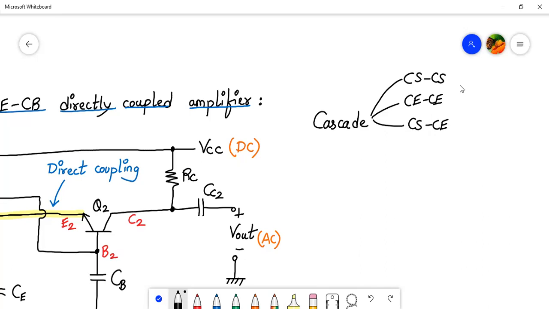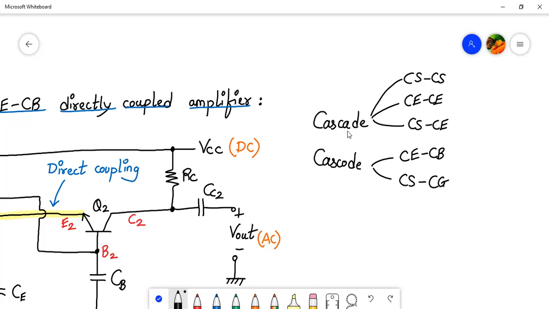The common emitter was BJT, CS was either JFET or MOSFET, and CE contained BJT as well as MOSFET. Now, in cascode, we have common emitter, common base, or it is called common source, common gate. So here it will involve BJT, and here it will involve MOSFETs.